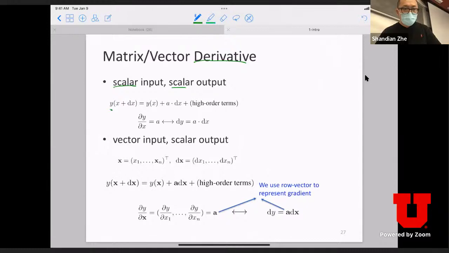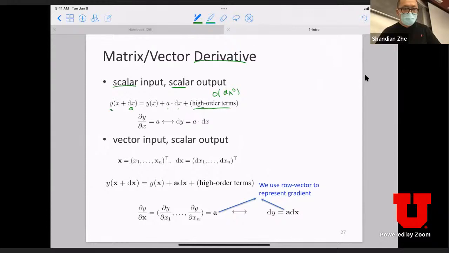For a small perturbation of x, which we denote by dx, y(x + dx) equals y(x) plus some term a times dx, plus some higher order terms. When dx is small enough, these higher order terms can be ignored. This is basic calculus; everyone should have learned that in an undergrad course.